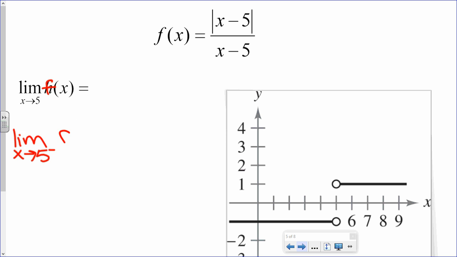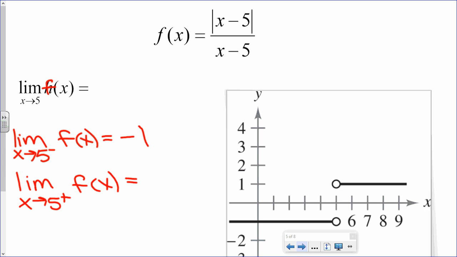What's the limit as we approach 5 from the left? What is the limit as we approach 5 from the right? Are those the same? Which means the limit doesn't exist.